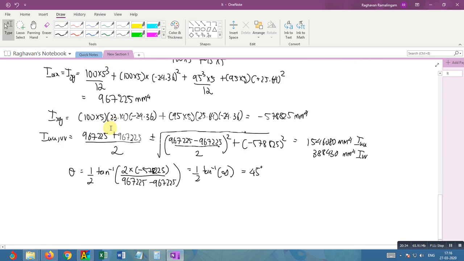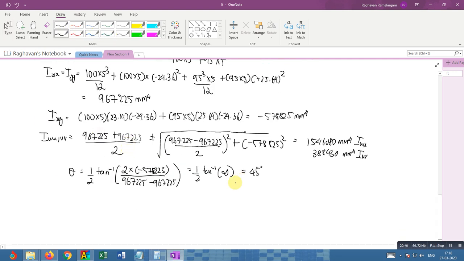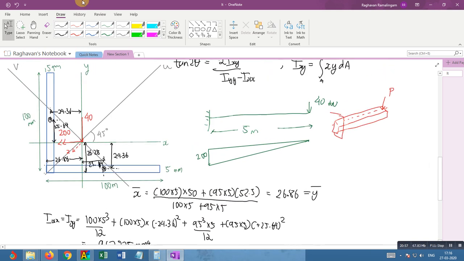Okay, so the next thing you need to do is resolve your moment into u and v components. So let's go ahead and do that.